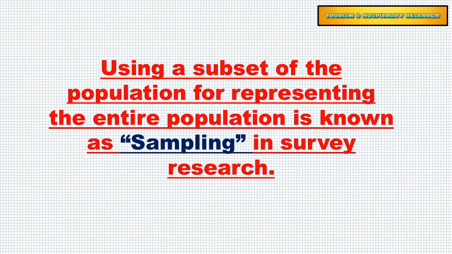But in case of a survey, I will take a few representatives of the population to infer the results of my study on the entire population. So that is why sampling procedures and sampling methods are quite important to understand while you are framing your research design.